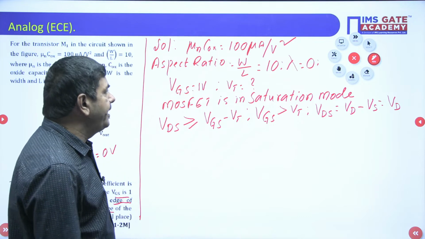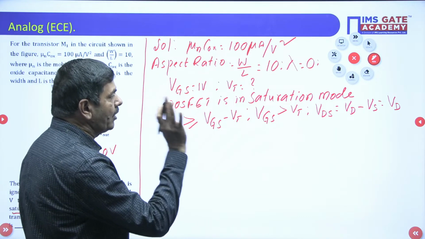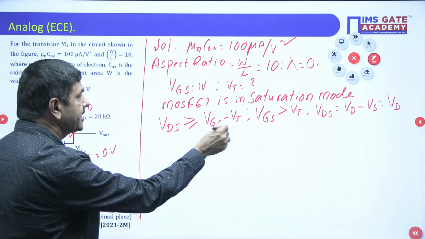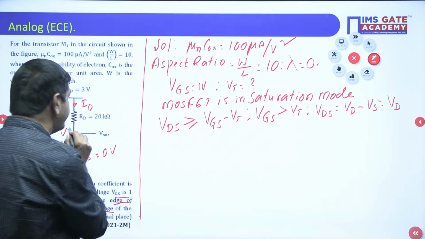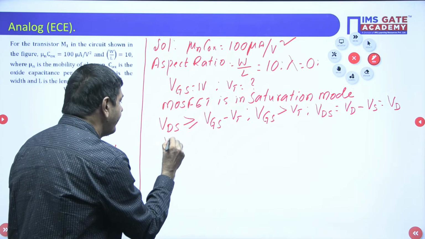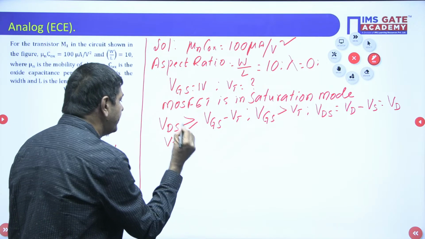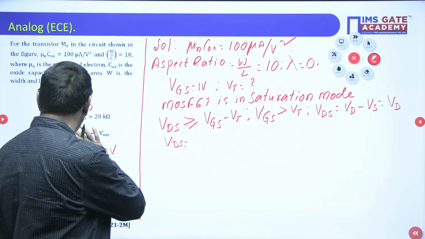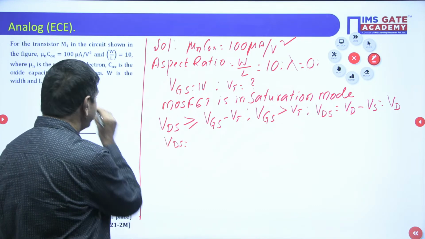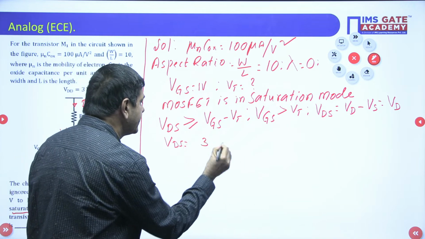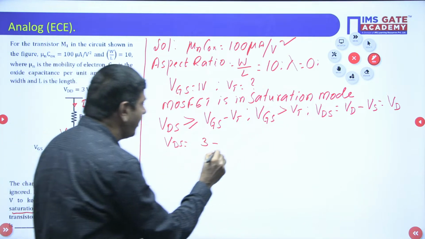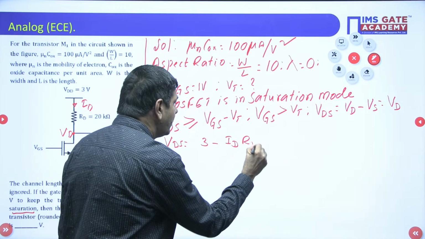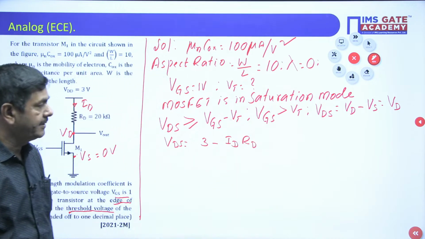VDS equals VD, that condition I want to apply here. VD is the supply of 3 volts minus the drop across this RD, ID into RD, where ID is the drain current.